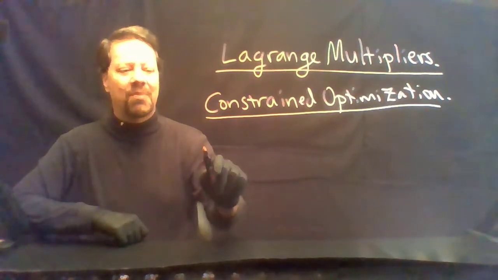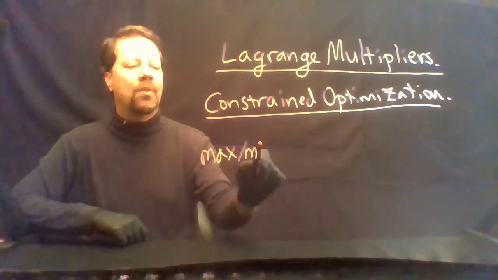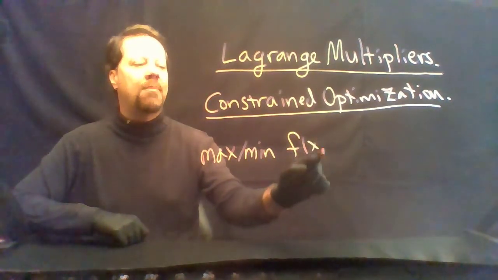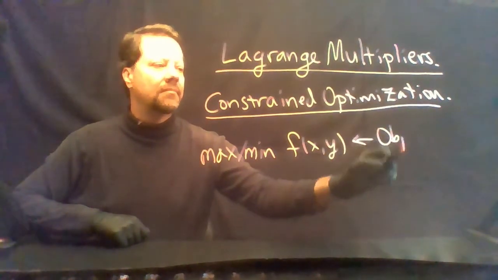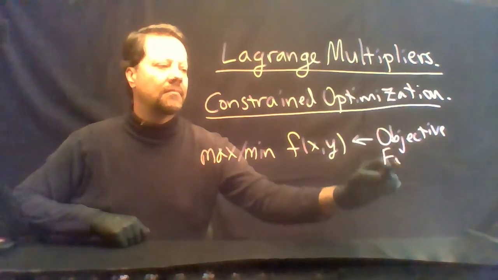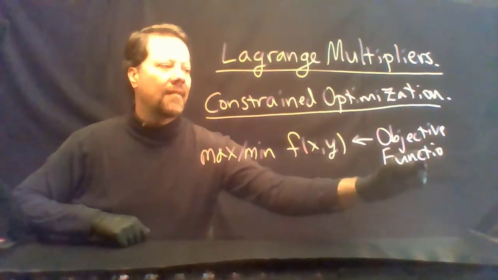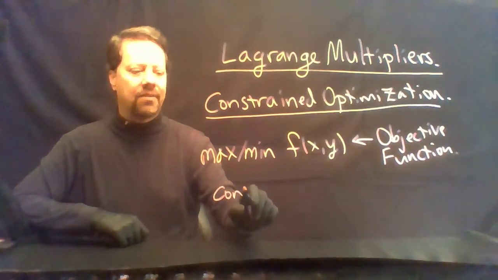Constrained optimization problems begin by trying to find the maximum or the minimum of some objective function. But it's subject to some constraint or constraints.